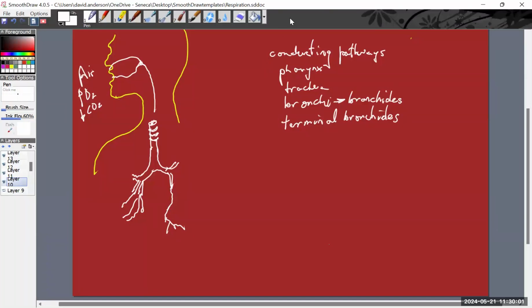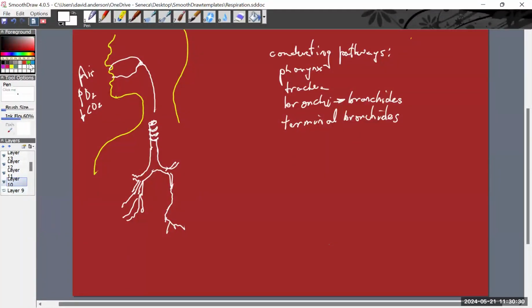So these ones in white are responsible for delivering air, and they're going to warm the air as it passes through these passageways and distribute the air towards the alveoli. Remember, the alveoli were our functional units in the lung tissue. So we're also going to moisten the air. We're going to warm it up. And that's all part of the responsibilities of these conducting pathways.